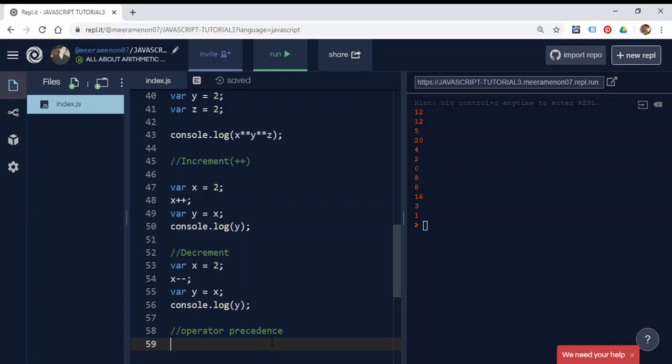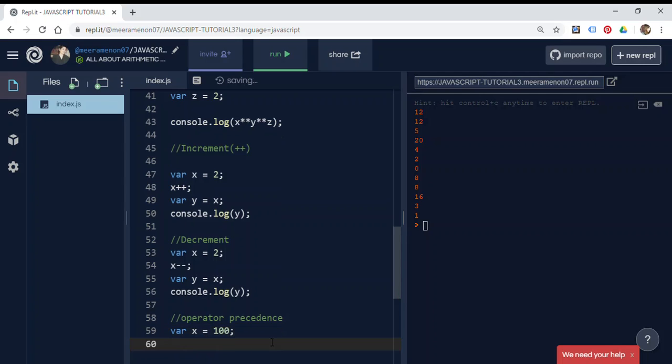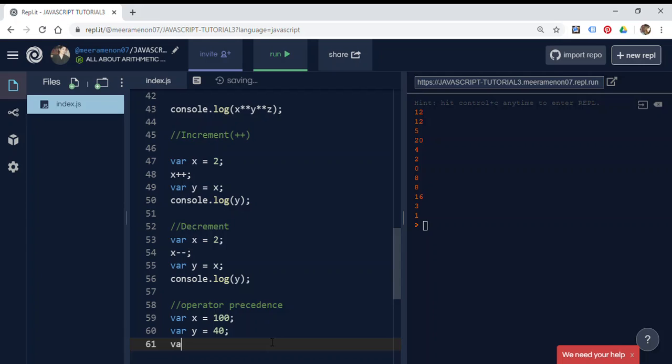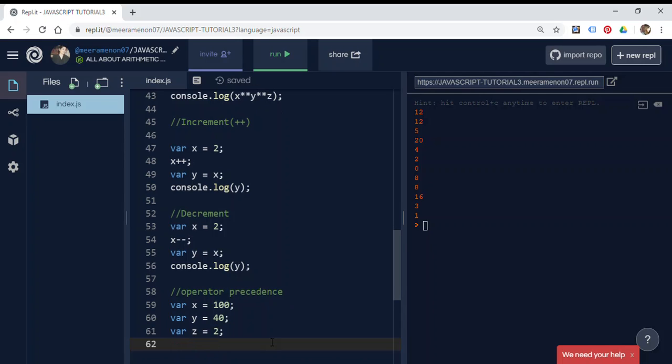Okay, let's give variable x a value of 100, variable y value of 40, variable z a value of 2. Okay, let's say we want to add x plus y and then do the multiplication for z. Let's see how it is happening.